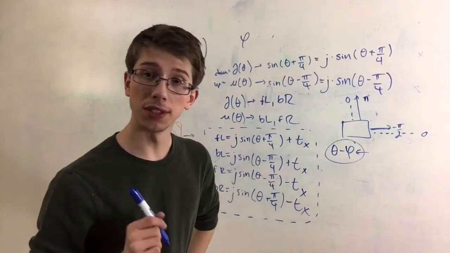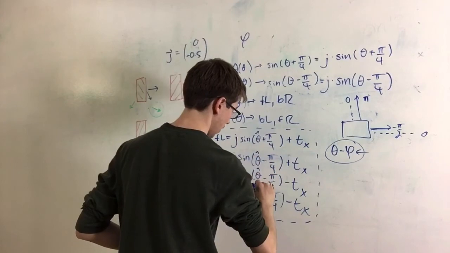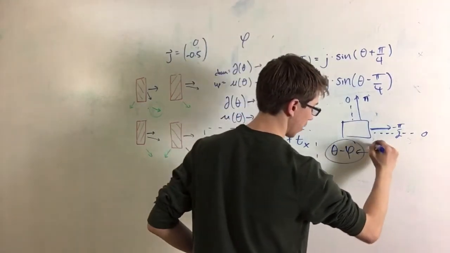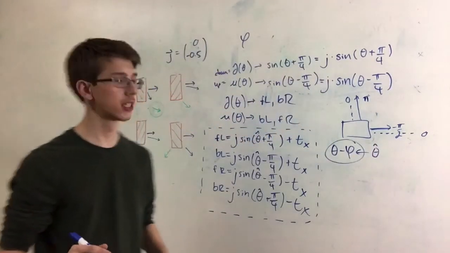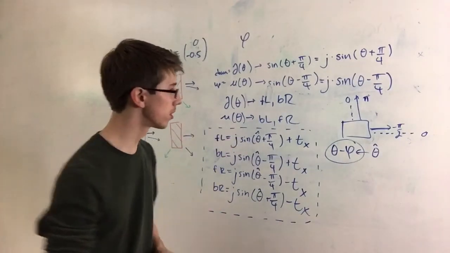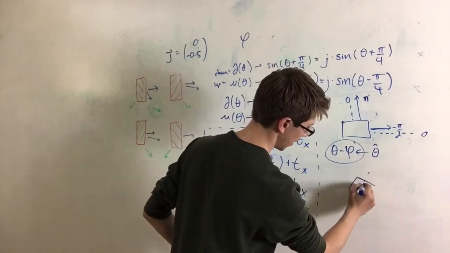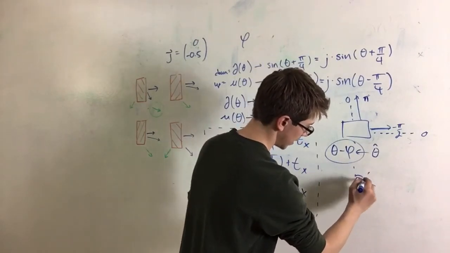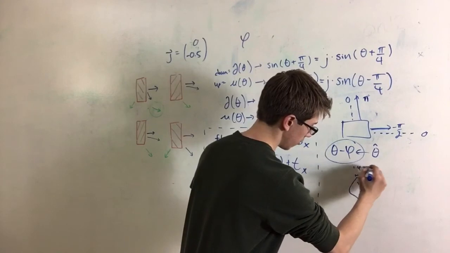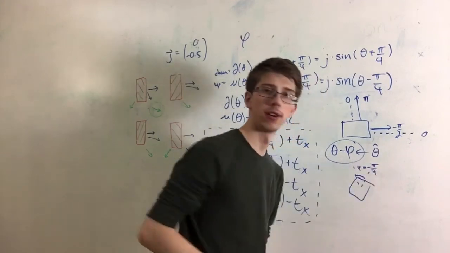And that will give us our field-centric code. And I can prove that to you. Let's replace all of these with theta hat. We'll say that this is theta hat right here. Theta hat plus pi over 4. Now, let's say that our robot currently has a heading of phi is equal to negative pi over 4.